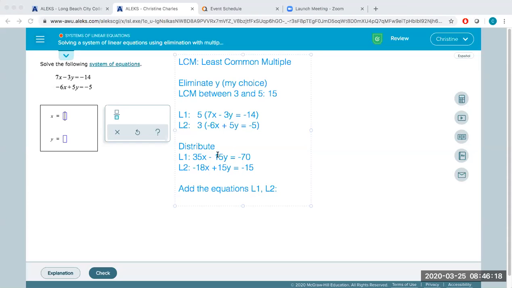I see that I have a negative 15y plus a positive 15y, which gives me 0y, which turns into 0, it just cancels. So here, we're going to add, same thing over here, 35 minus 18. That's going to give us 17. Don't forget you still have an x attached, like term. And that's going to equal negative 85.